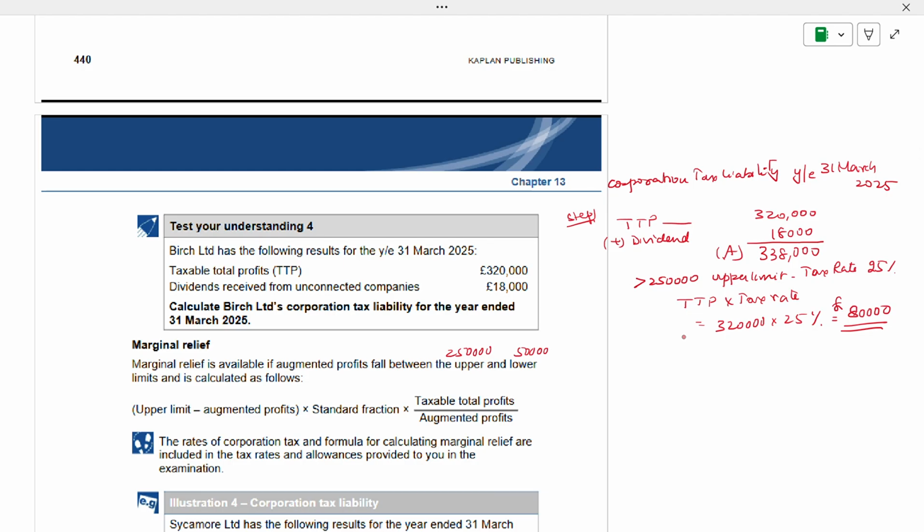Only thing is, if it is between 50 and 250, we have to use this one. If it falls between the upper limit and lower limit, that is marginal relief, between 250 and 50,000, then we have to follow this formula.